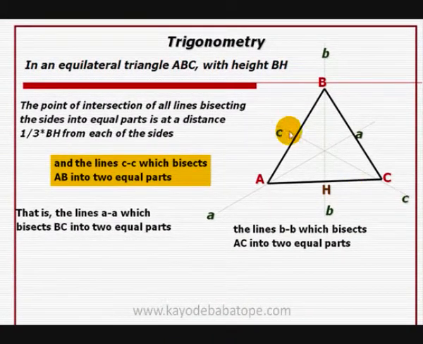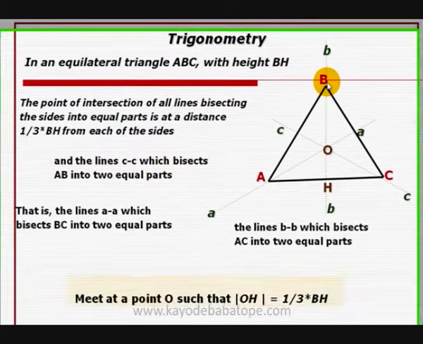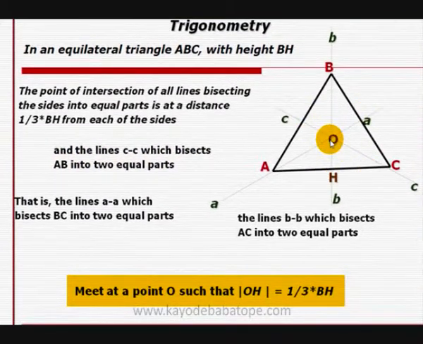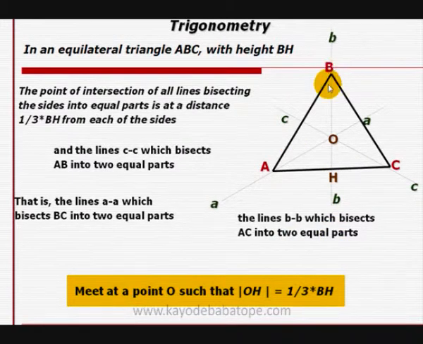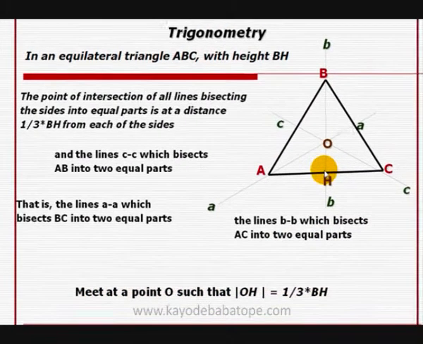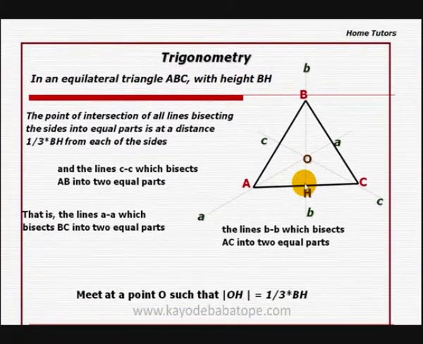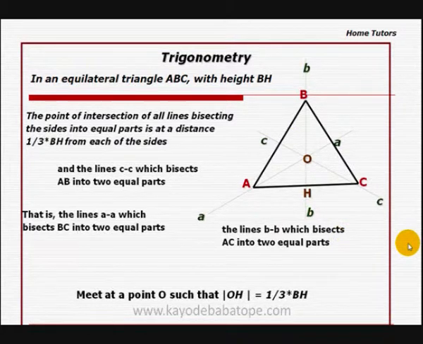And this is the line CC which bisects AB into two equal parts. The point is this: at the meeting point of these three lines, the distance OH equals 1/3 times the distance BH. This is a very important property of equilateral triangles. And by the time you begin to do physics, you will be told that the center of gravity of an equilateral triangle is at a point 1/3 of its height.